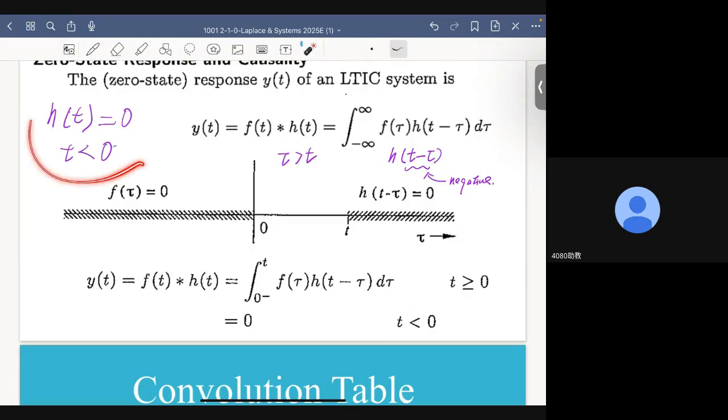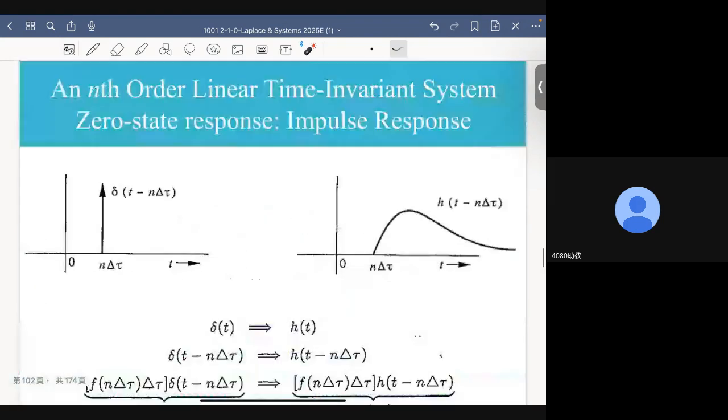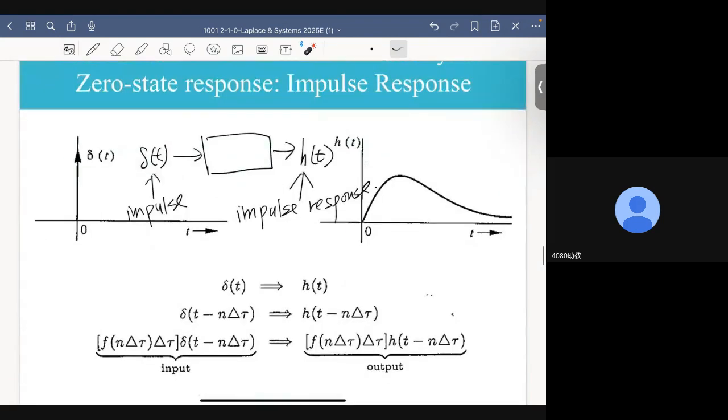We know that. Why do we know that? Because by definition, h of t is the impulse response. Where does the impulse input start to have an effect on the system? At t equal to 0, because that is the very time instant we apply the input impulse.